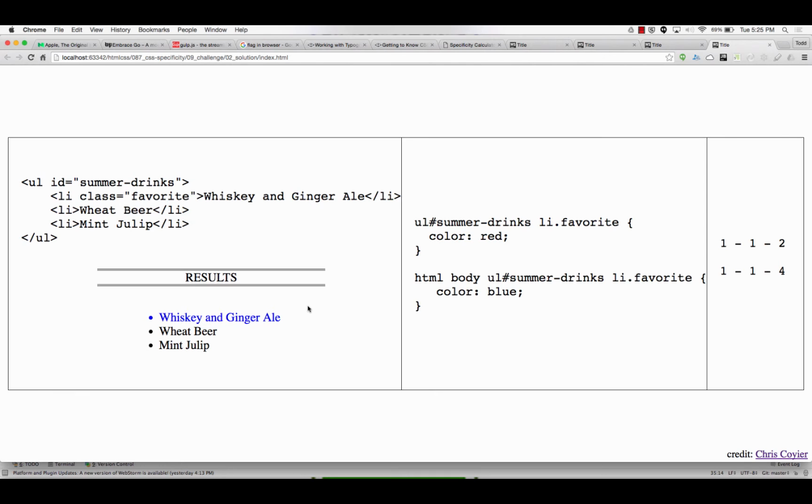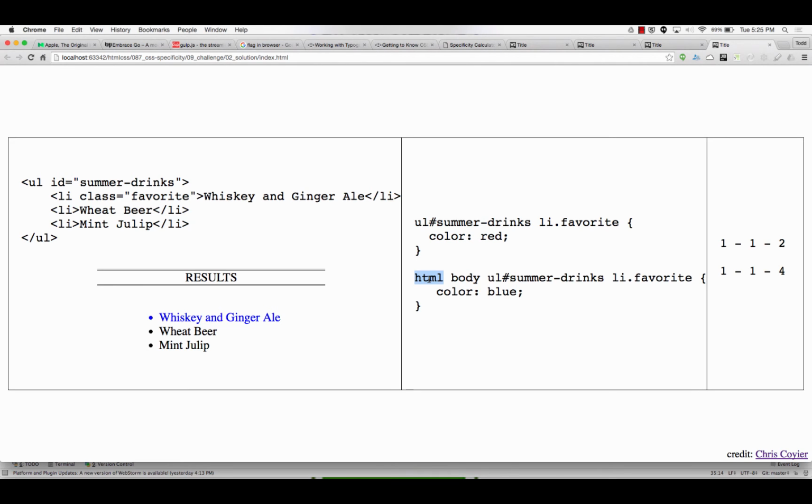It's like the hierarchy. So the way you read that is there's something with class favorite, and it has to be an li that has that class, so I'm reading this one, and then it needs to be contained within something that has an ID of summer drinks, and that ID summer drinks has to be attached to a UL, and then that has to be within the body, and the body has to be within the HTML.